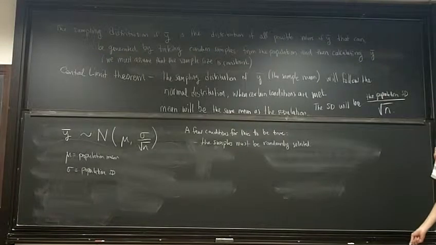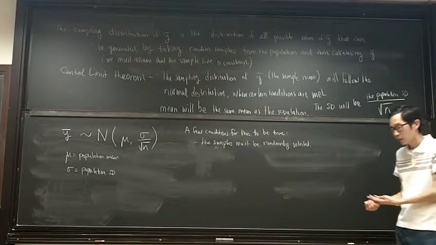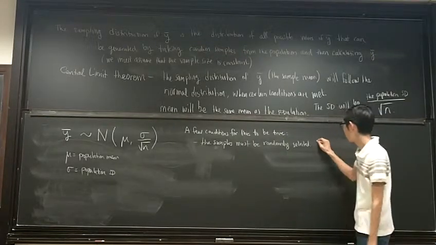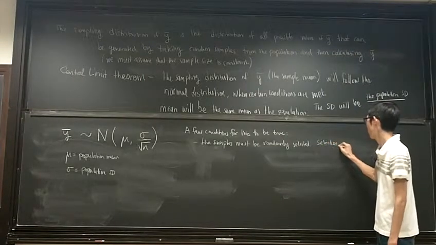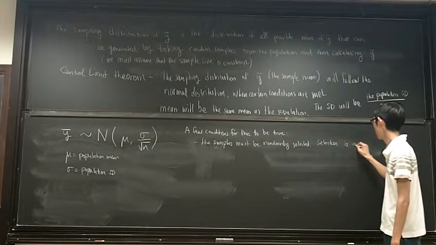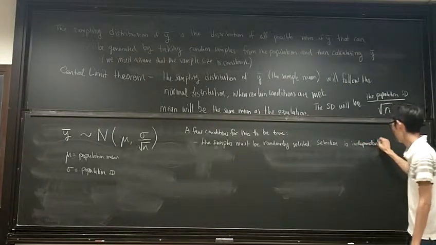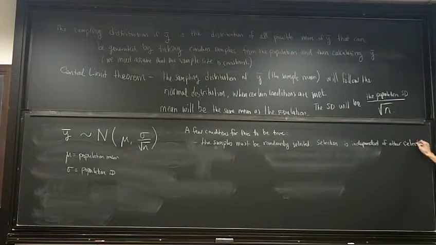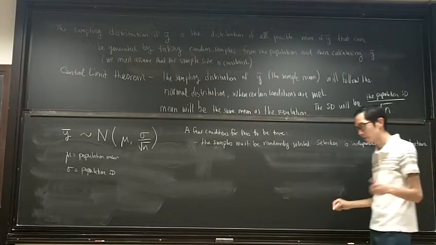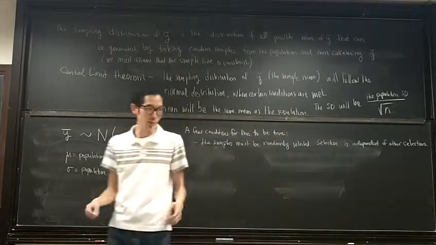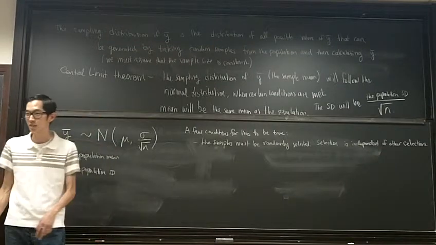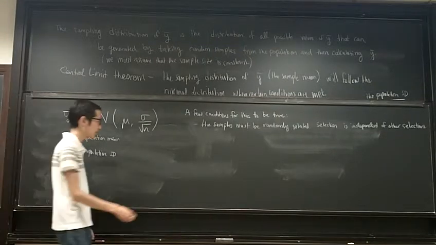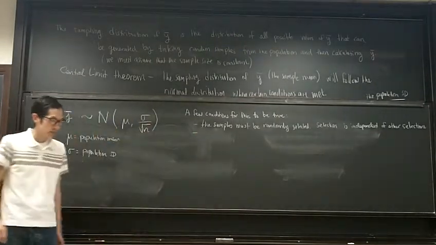So they have to be randomly selected, and the selection of each person must be independent of the selection of other people. So if somebody is selected, that can't change the probability that that person's brother is selected. So the probability of selection must remain constant throughout, and they must all be randomly selected.